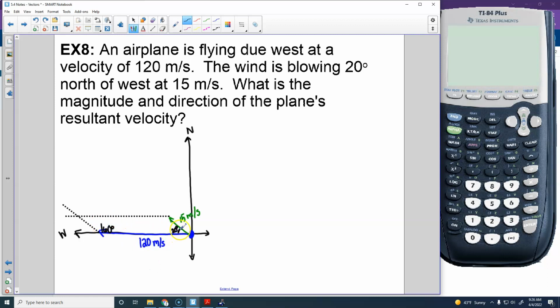And I know that because in a parallelogram, the consecutive angles, the two that are beside each other, not across from each other, add up to 180. So 180 minus 20 will give me 160 right here. And so we'll draw in this vector.